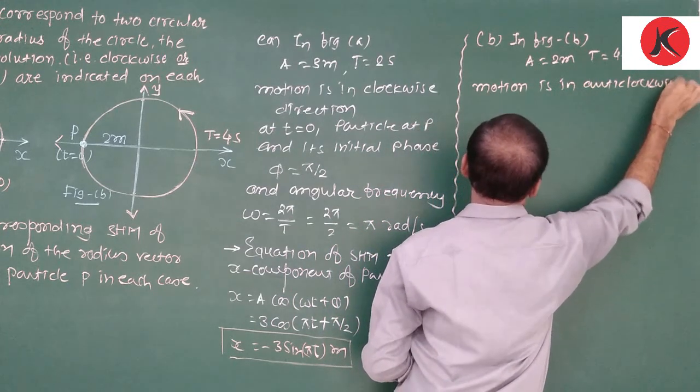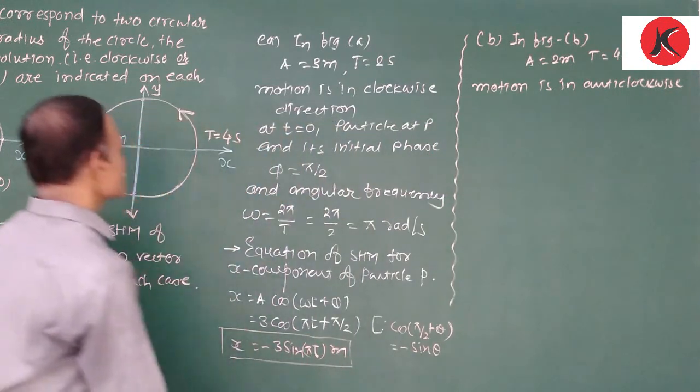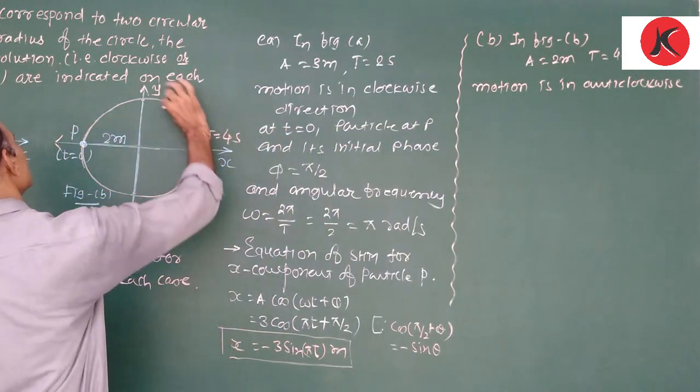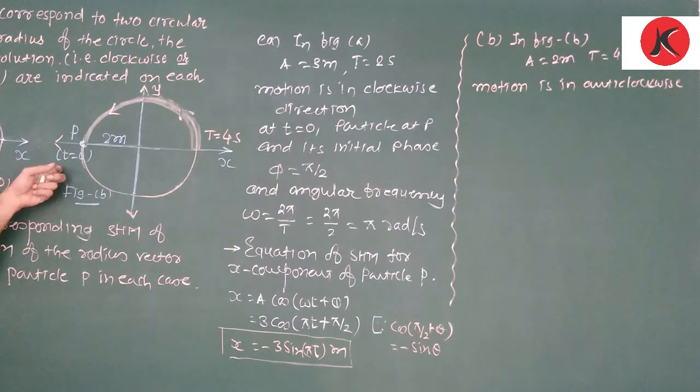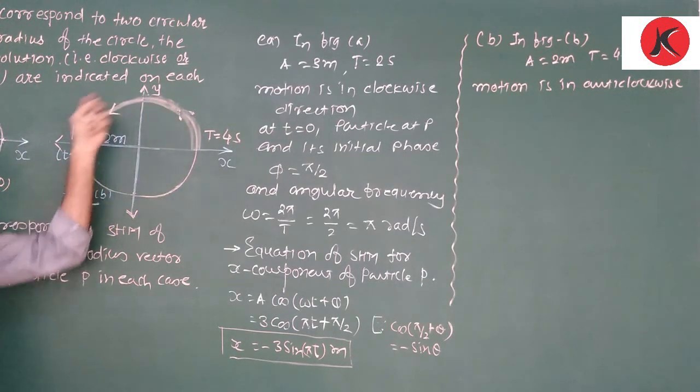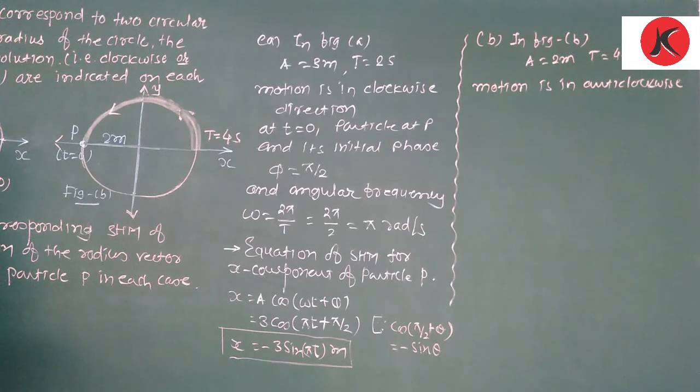Anti-clockwise means the particle starts its motion from this direction. At time t is equal to 0, the particle has already completed half an oscillation. Therefore, initial phase is pi.